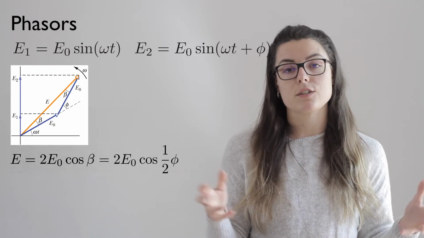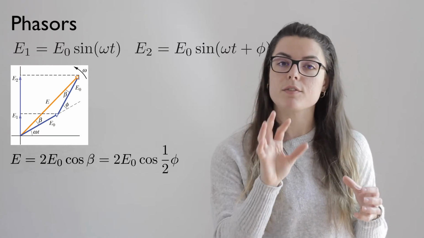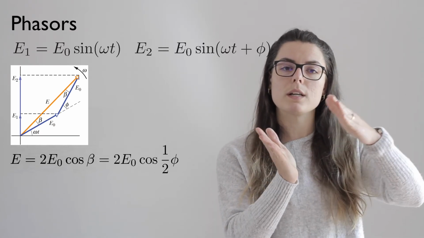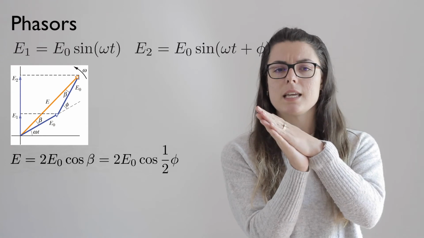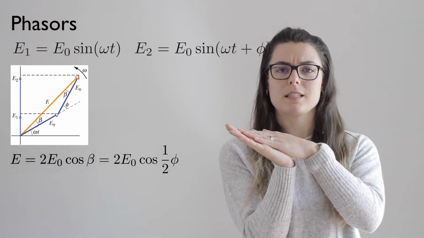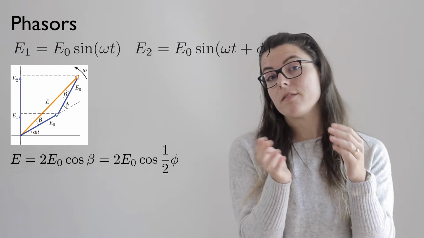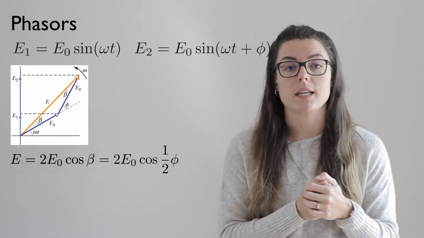And the reason that that's useful is because we want everything in terms of the phase difference between the two waves. We don't want it in terms of the angle between the first vector and the resultant vector. And this is going to become more obvious when we add multiple waves together.